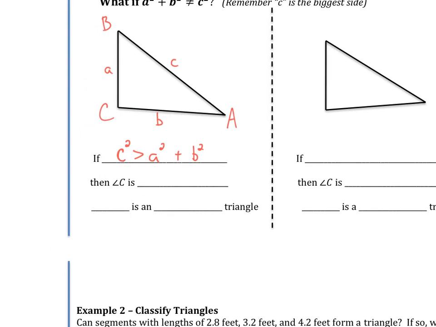If that's the case, if c squared is bigger than a squared plus b squared, then angle C is obtuse. And triangle ABC is an obtuse triangle if c squared is greater than.